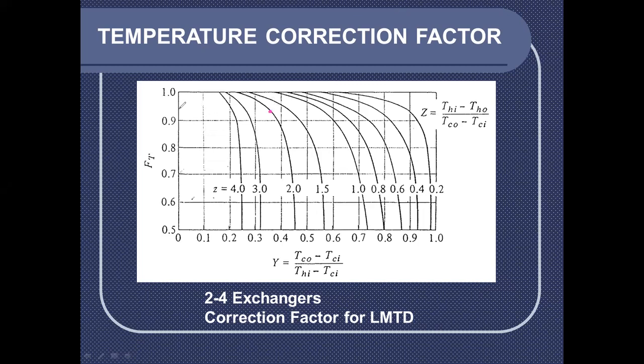If I'm going to read it, somewhere here, a little bit higher. So 0.93. Okay, so that's my approximation for the FT, more or less 0.93. So I'm using this figure for the 2, 4.